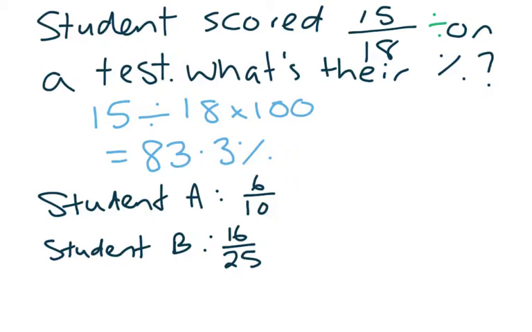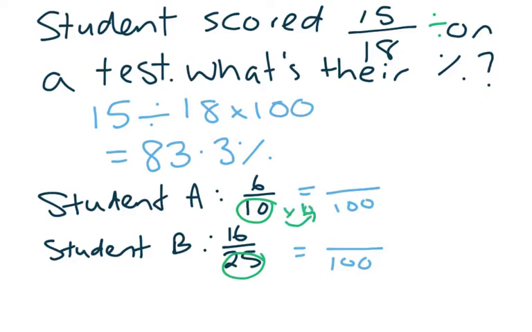Okay, so to do that with these sorts of questions mentally, we can actually just make them both out of 100, because you guys know percentages are out of 100, and we are lucky here because both 10 and 25 go evenly into 100. And to do that, we just multiply it by 10 here, and whatever we do to the bottom, we have to do to the top.